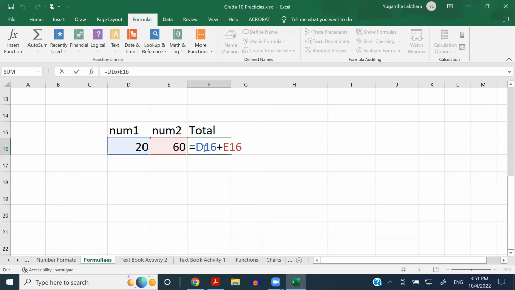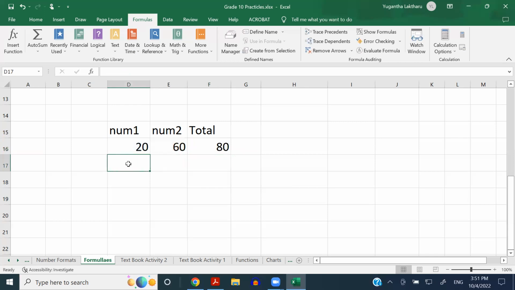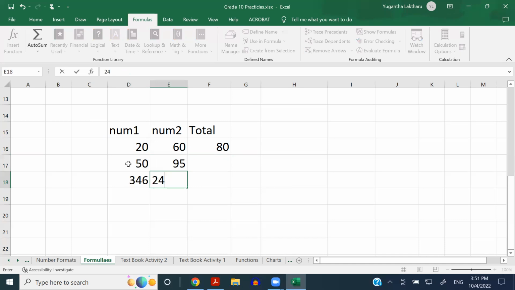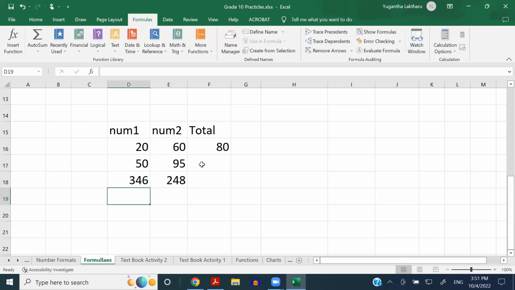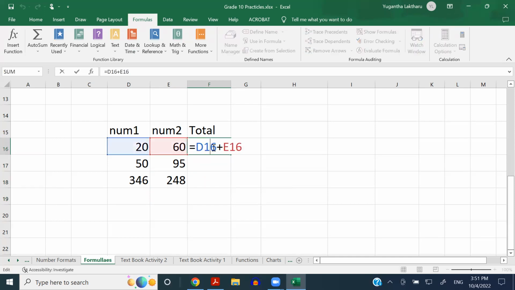So if you want to have this in many other cells, let's say you need several different sets of two numbers, like I need 50 plus 95, I need 346 plus 248, and so on. If I need the output, what are you going to do over here? If this is written as D16 plus E16, what should be the formula over here, people?